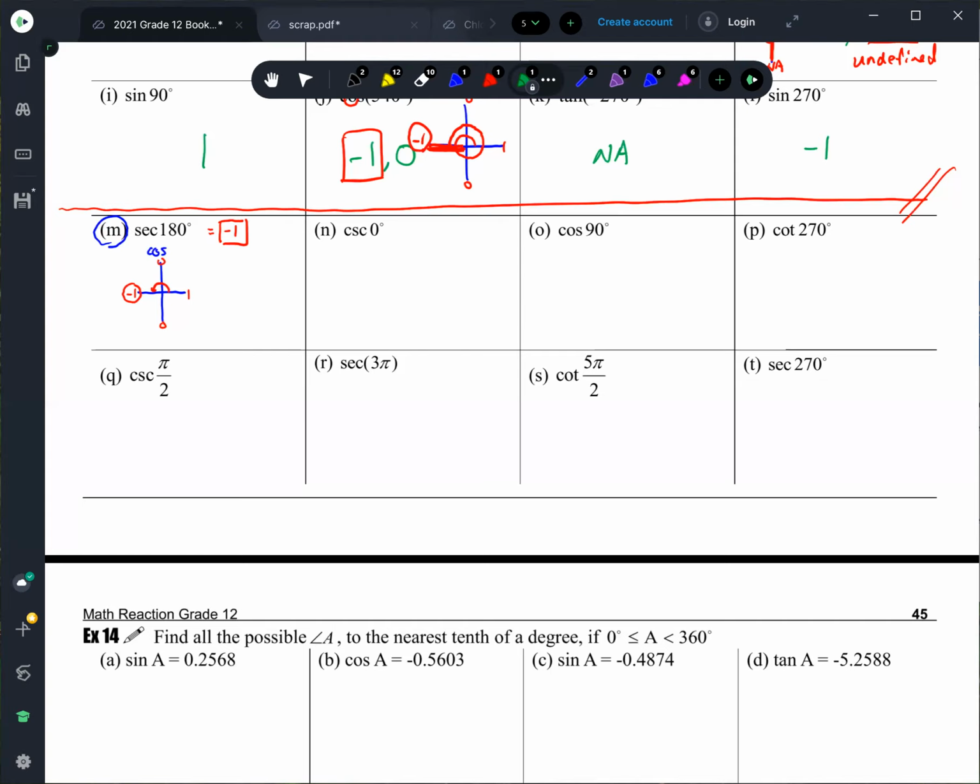All right, let's collect the answers. We'll start with question N. Cosecant 0 degree. Okay, Eric, do you have cosecant 0 degree? Would it be undefined? Okay, Evan, next one. Undefined.